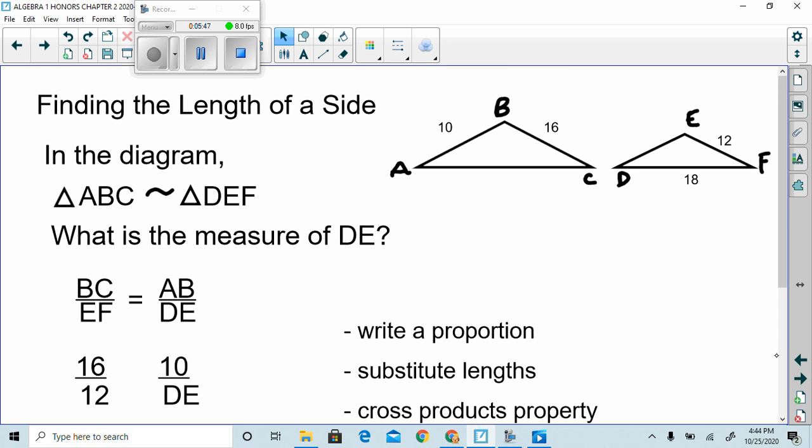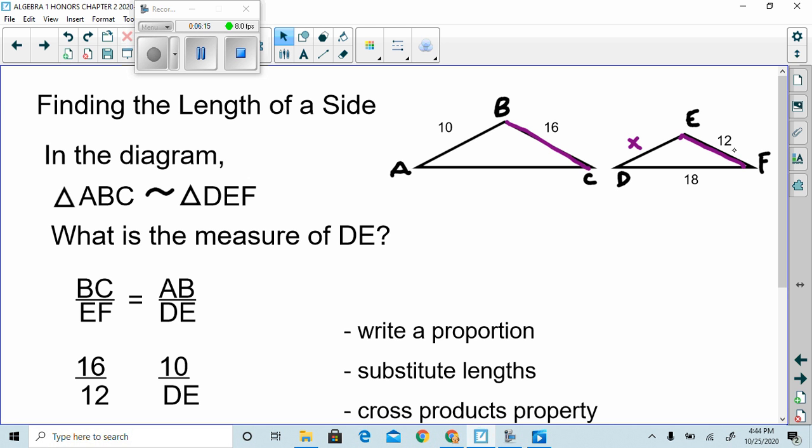So let's find the missing length of a side. We're going to set up that proportion, and we need to find the measure of DE. We do not know what this is right here. So I'm going to put that X there, but technically they're using DE. I would replace it with a variable. So write the proportion. BC, so this side here is in the same corresponding side space as this one here.